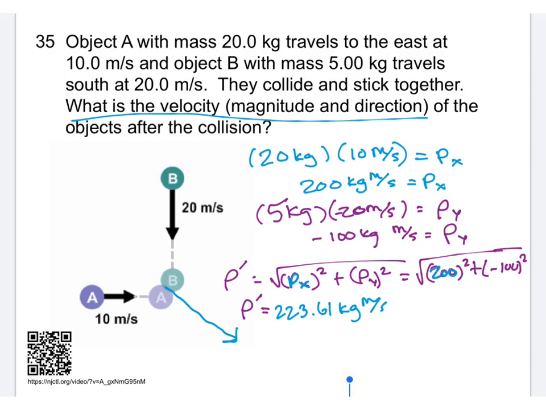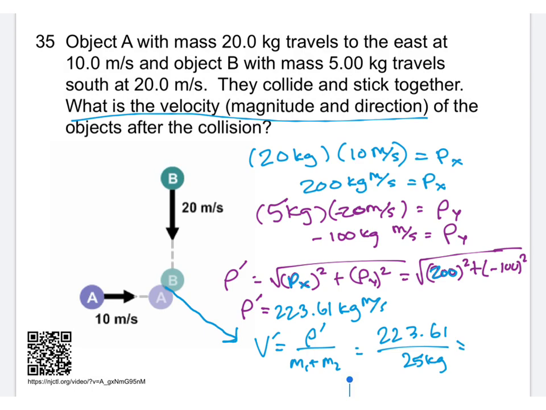So what did we just find? The magnitude of the momentum vector. The question is, what is the velocity, magnitude, and direction? We just found momentum. Divide by mass and find the angle. So velocity final is going to be momentum final divided by masses, plural, because they're entangled, because it was inelastic. So we've got that 223, whatever, divided by 25.